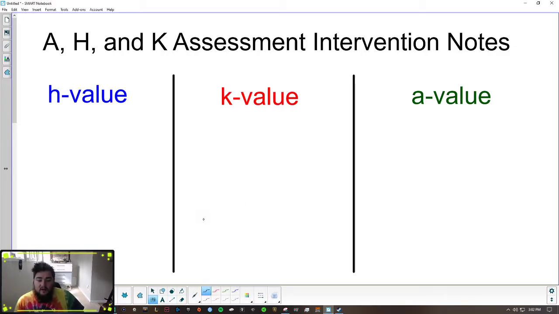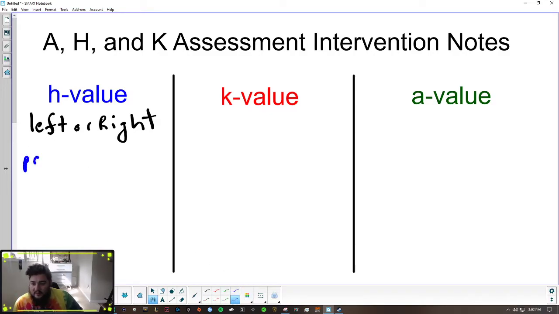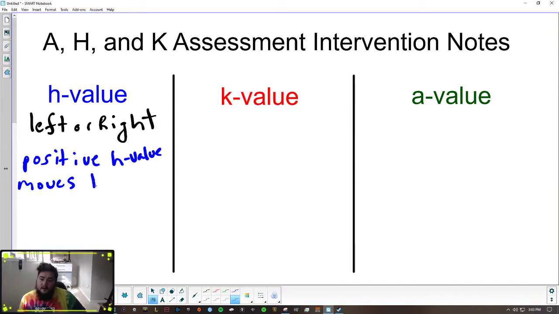Now the H value moves our graph either left or right. If the H value is positive, a positive H value moves our graph left.